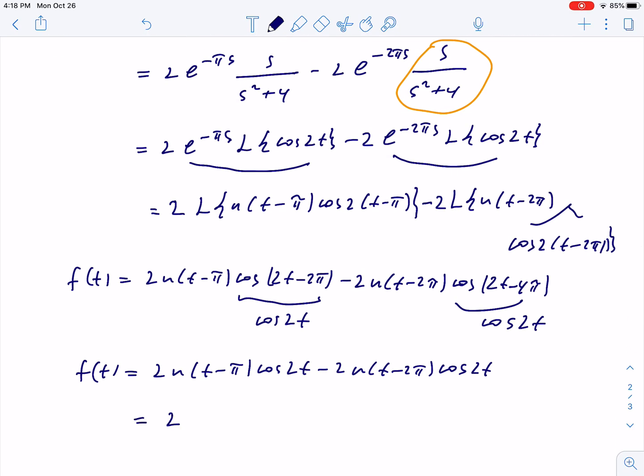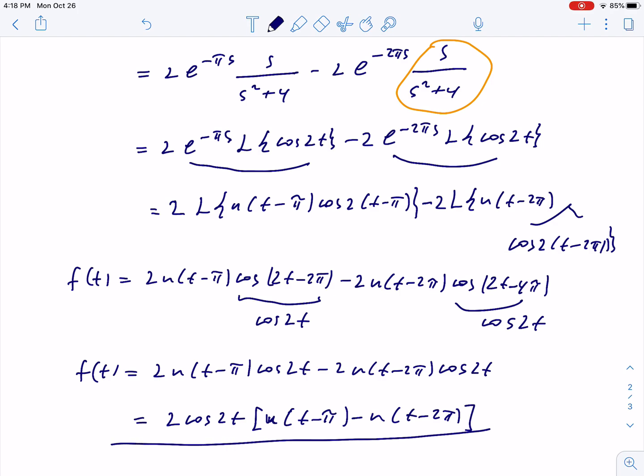Why not factor this out? And I shall put brackets here. There will be u(t minus pi) minus u(t minus 2 pi). That's the answer simplified. So this was number 10.